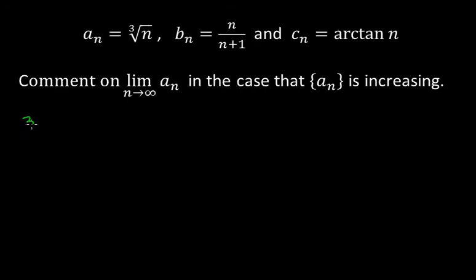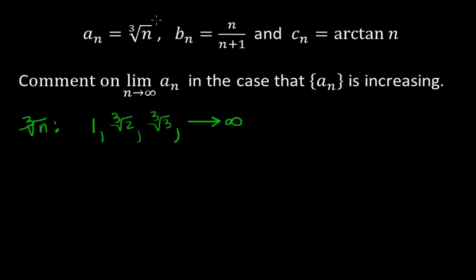We have a sub n is the cube root of n. So the cube root of n, let's just write out a few terms. When n is 1, we have the cube root of 1, and then the cube root of 2, and the cube root of 3, and so on. And we know that n to the 1/3 will just increase. And its limit, in fact, we could put arrow infinity. It does not converge, but it is increasing.